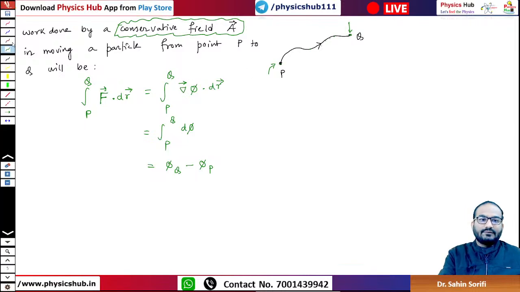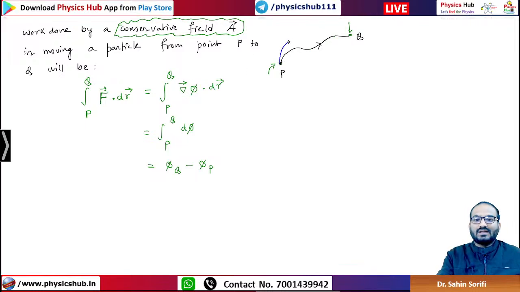It means if I choose a path like this, then also this integral value will be same, because it is only depending on the initial and final point. If I choose another path like this, it will also not change this value of this integration. Whatever path you choose, it will not change the value of this integration, because for this conservative field we have proved that it is only depending on the initial point and the final point.